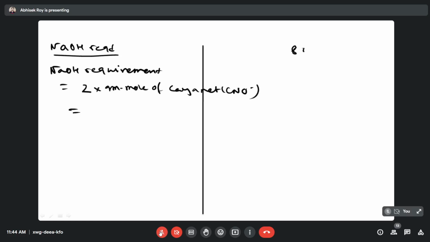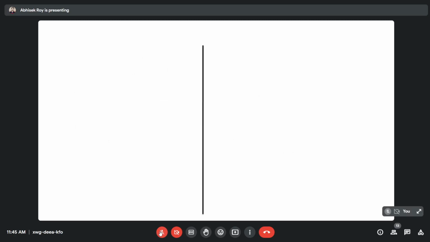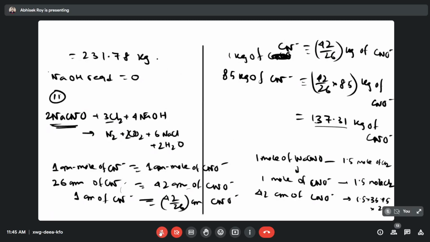Now we know that 85 kg of CN means how much gram mole of CN minus? We have calculated how much gram mole of CN minus is present. 85 kg of CN means 3269.23 gram mole of CNO, right?